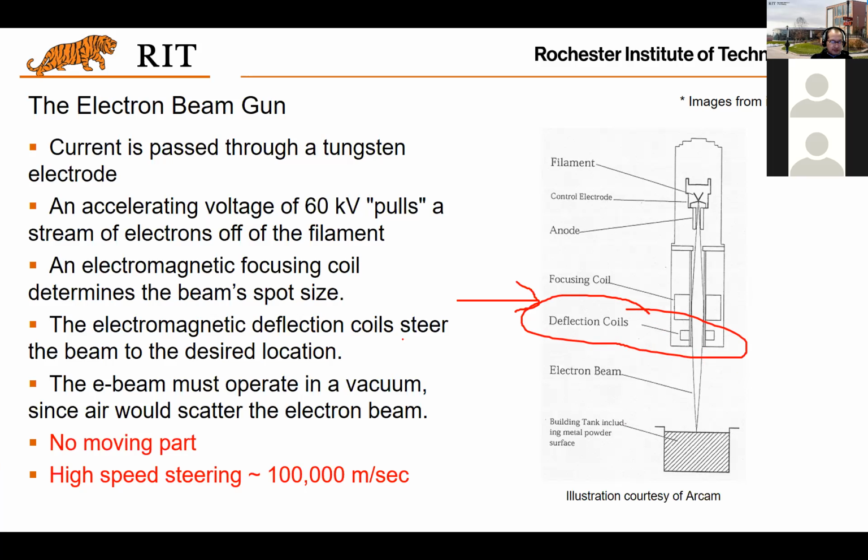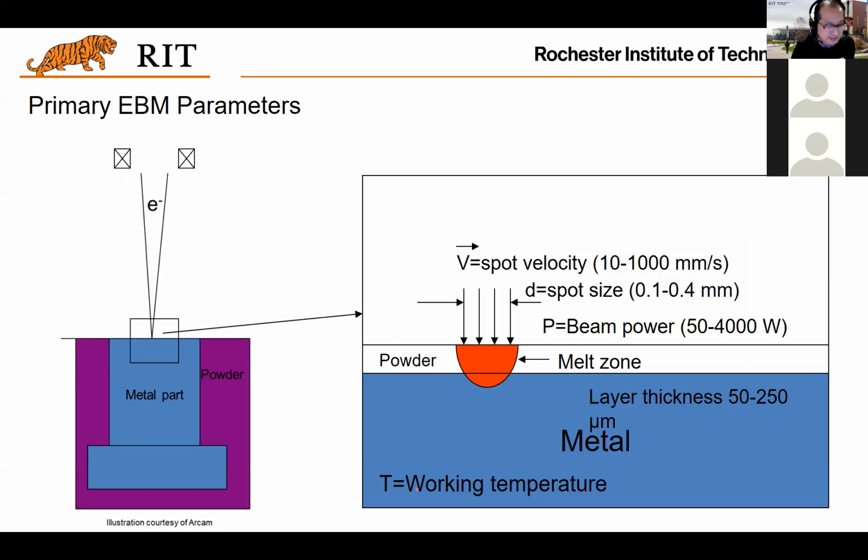The steering using electromagnetic deflection is part of the reason for the high-speed process. As you can see here, this steering can achieve something like 100,000 meters per second, which is really fast, right?